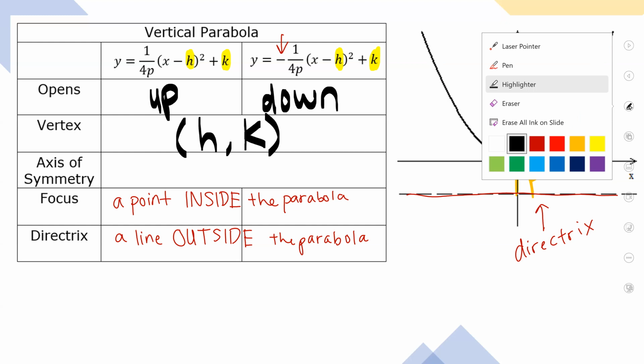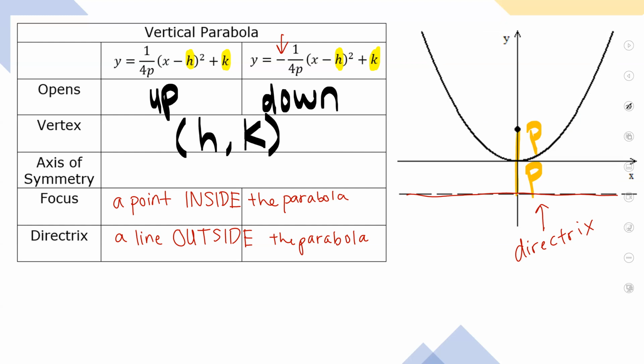And the axis of symmetry is x equals h. It is also always this number here, which gives you the axis of symmetry. Okay, so now that we have these notes, let's go ahead and look at an example. Before we move on to the example, I just want to point out an important part of the equation.